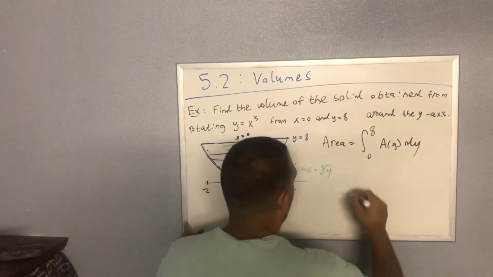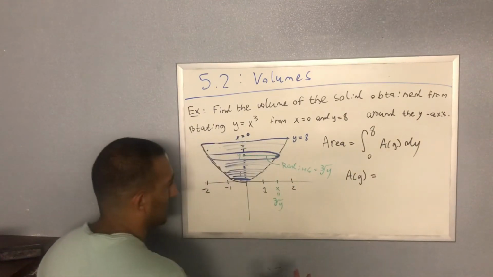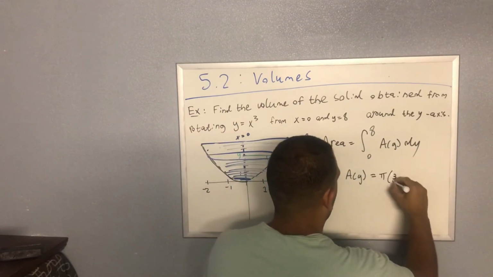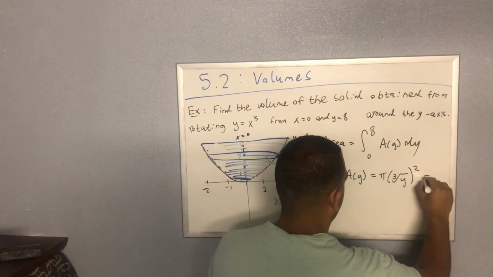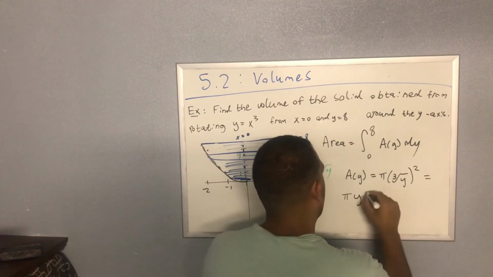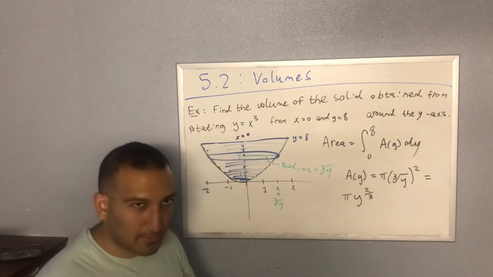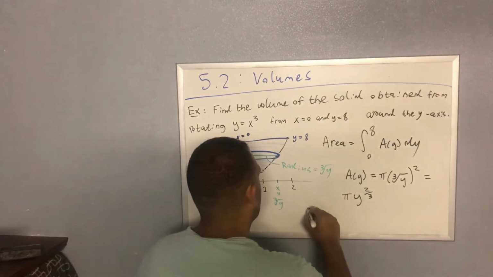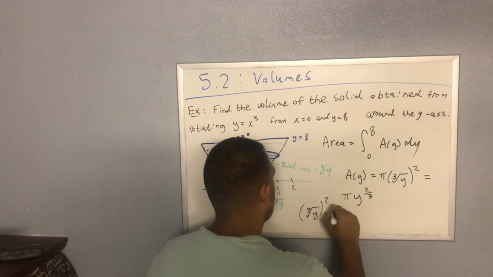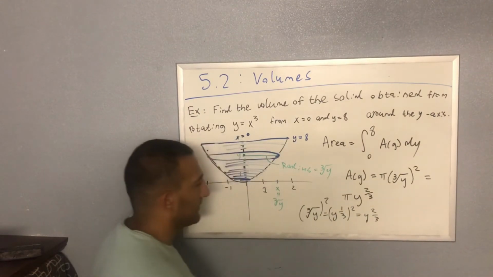So A of y is pi times the radius squared. So it's pi times the cube root of y squared, which is the same as pi times y to the 2/3. Remember a little bit of algebra: the cube root of y is the same as y to the 1/3. So if you square that, this is y to the 2/3.